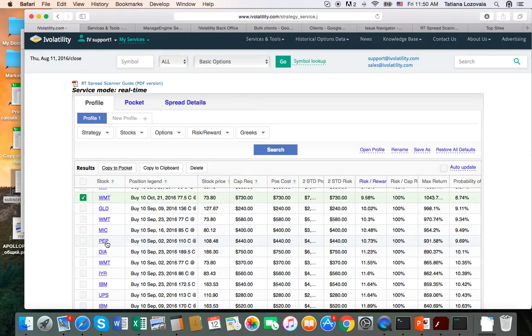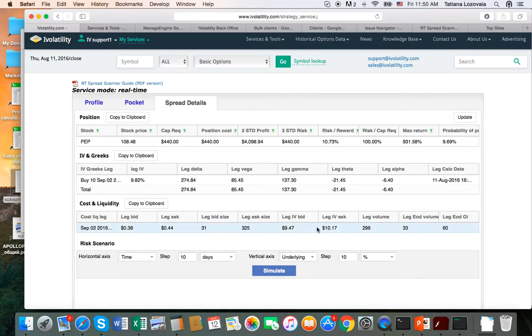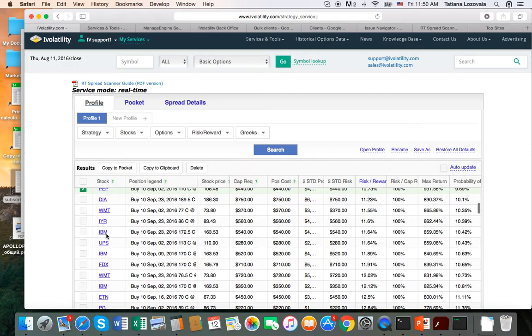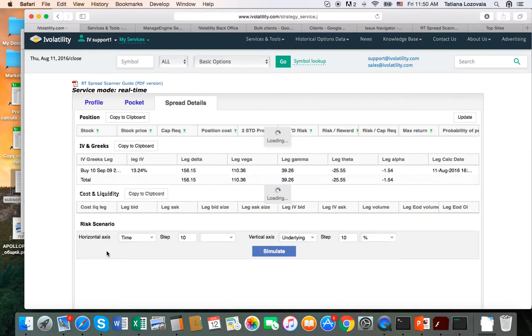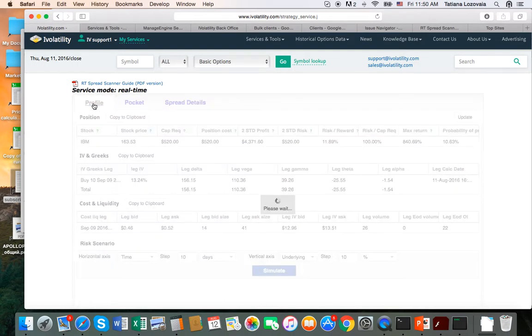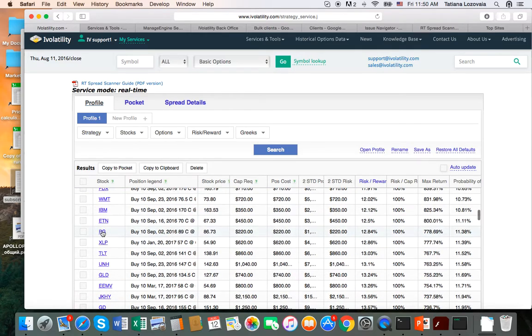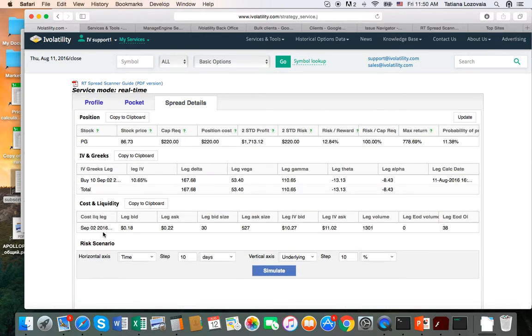So let's have a look at a couple more options. Okay, this one we can probably skip as well. Let's look at IBM. It's small as well. Okay, Procter & Gamble.